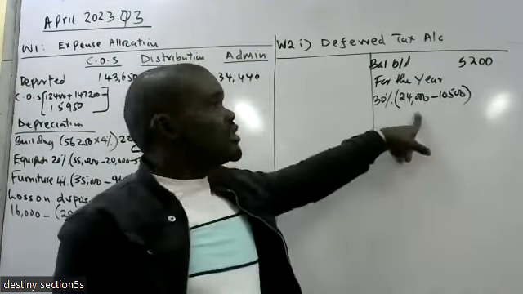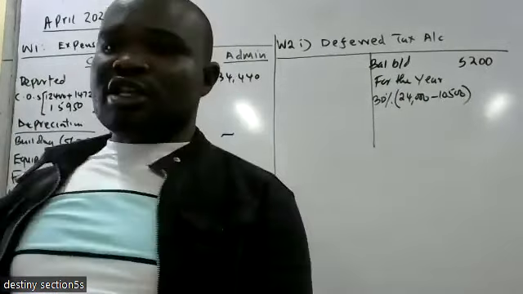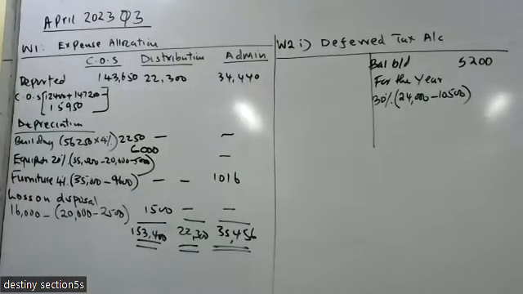So take taxable minus deductible, then multiply by 30. Tell me what you will get. 24,000 minus 10,500. Deductible you're supposed to deduct from taxable. So what do you get?